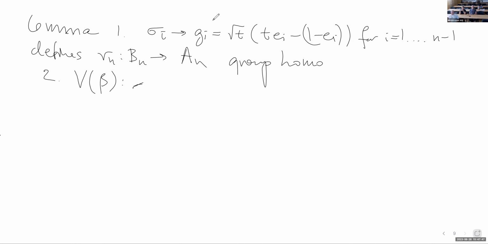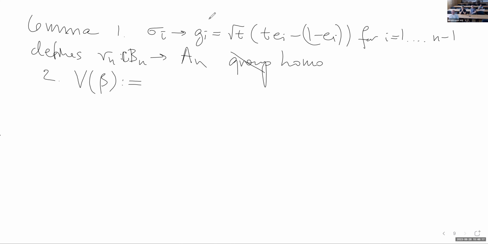And second of all, you can take the group algebra, CB_n, and then it will be an algebra homomorphism, CB_n to A_n. It's an algebra.